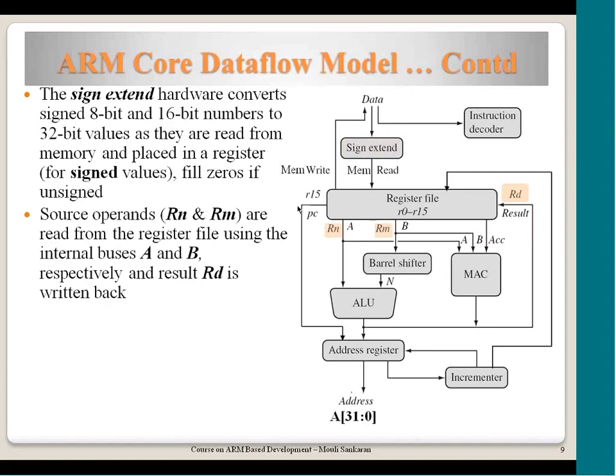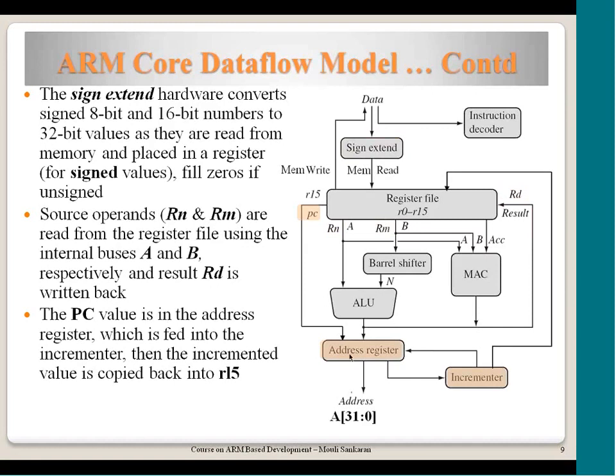And the 2 source operands for any instruction, the A and B paths, are read by these 2 read ports from the register file. And the PC value, as I mentioned, gets read from here and is latched here, and the incremented value is written back into the register file.